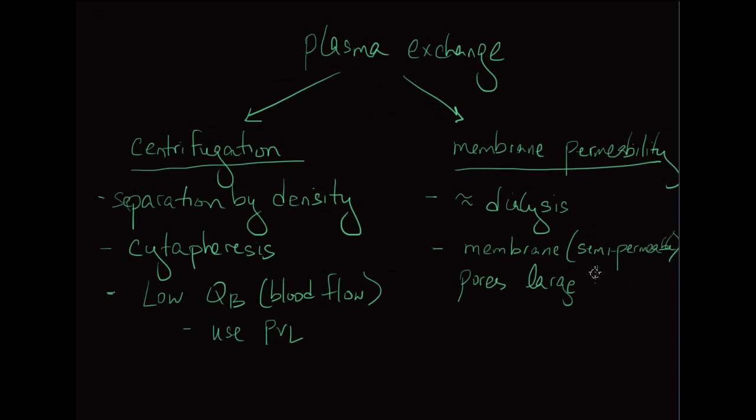Now, membrane permeability turns out to be a more efficient way of eliminating plasma proteins or deleterious immunoglobulins than centrifugation. So this is more effective when you want to perform a true plasma exchange.